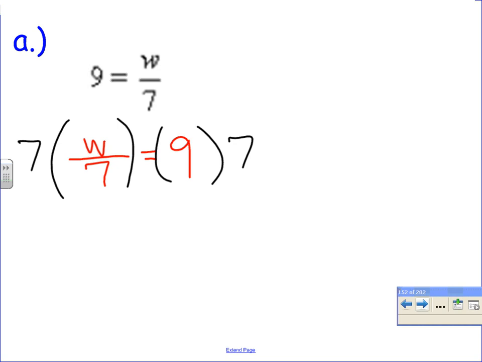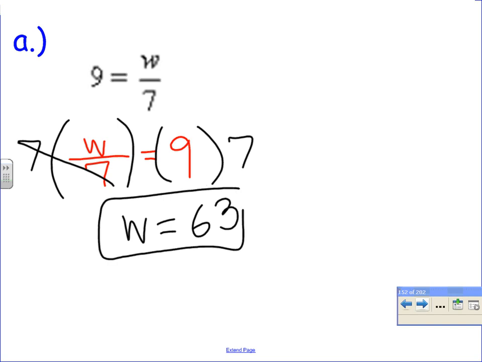Zach, what happens to the 7 on this side? Good. Who can explain what I just did? Why does it cancel? Annalise, why does it cancel? Good job. 7 divided by 7 is 1. They cancel. You're left with, Emma M., W equals? Good. You could think of it like that. Yeah. Good job. You could check your answers by asking yourself, is 63 divided by 7 9?